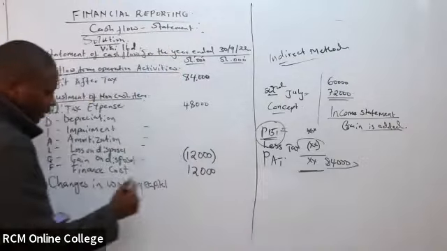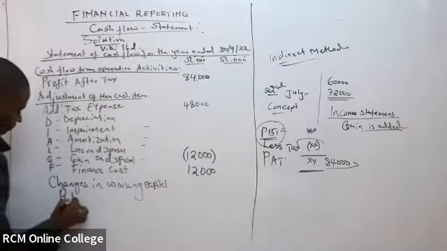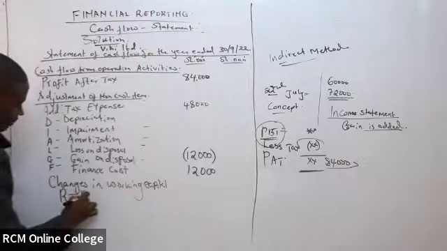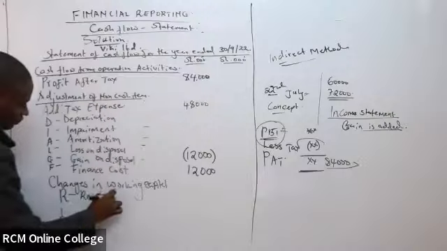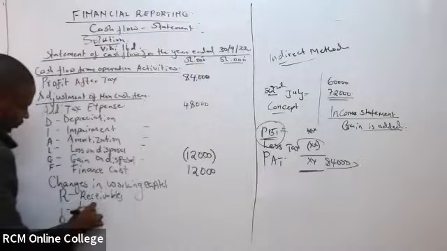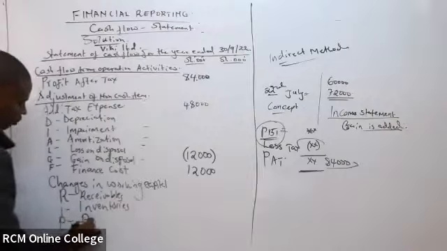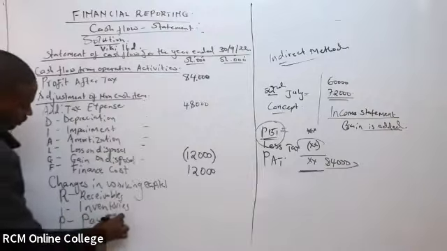RIP. Yes, RIP. This is representing receivables. This is inventories. And this is payables, accounts payable.